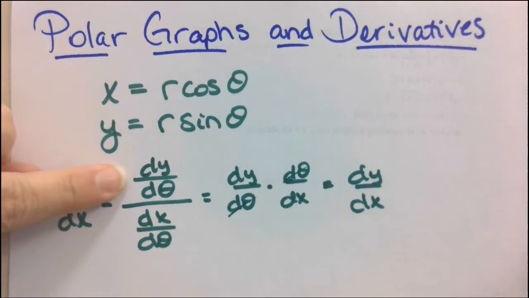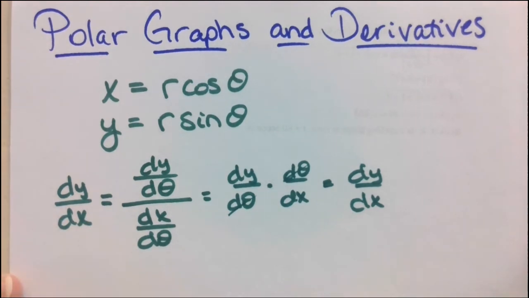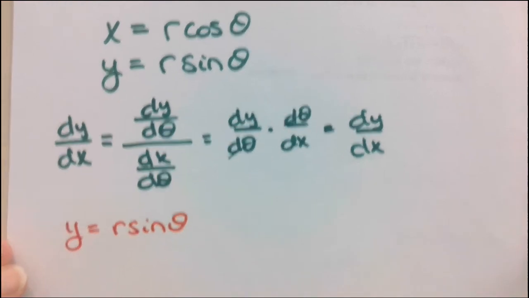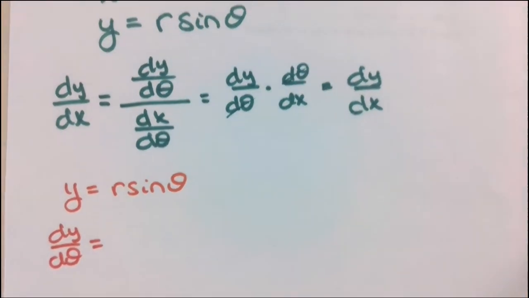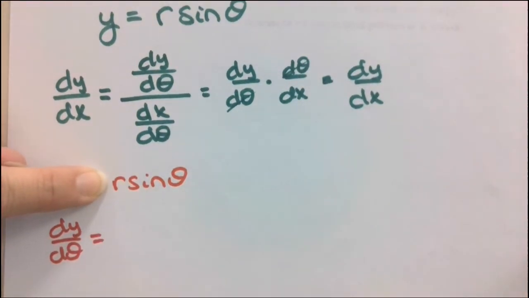So let's think about, how do we find dy/d theta and how do we find dx/d theta? We'll start with y. If y is equal to r sine theta, then dy/d theta is going to be equal to, now remember that r is a function of theta. It is the dependent variable.